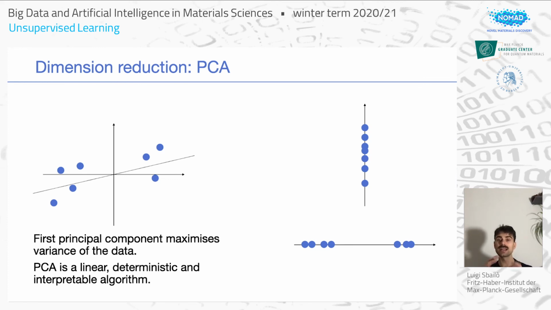So if you have nested clusters, the fact that it is interpretable is something that we like, but sometimes there are nested clusters that are difficult to explain with a linear model. So let's see another approach that is very different.